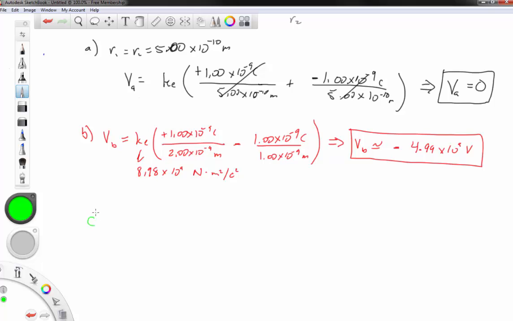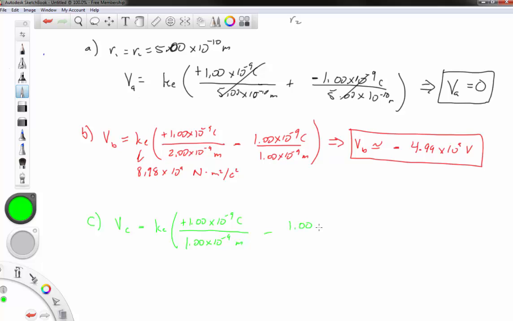Okay, for part C, we are now looking at KE times plus 1.00 times 10 to the minus 9 coulombs divided by 1.00 times 10 to the minus 9 meters.